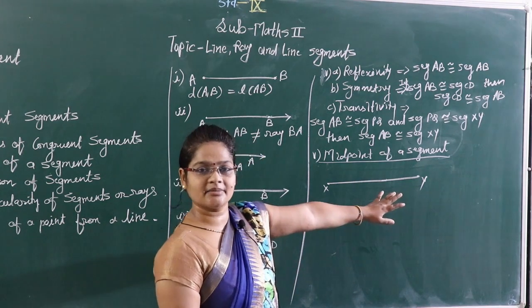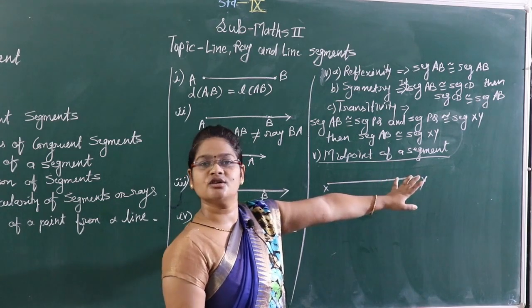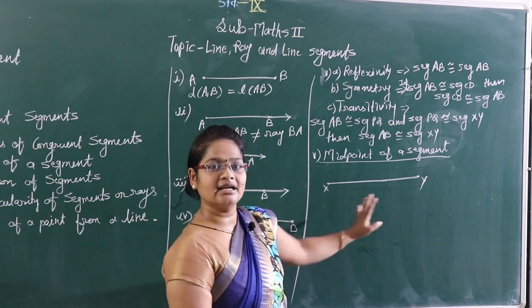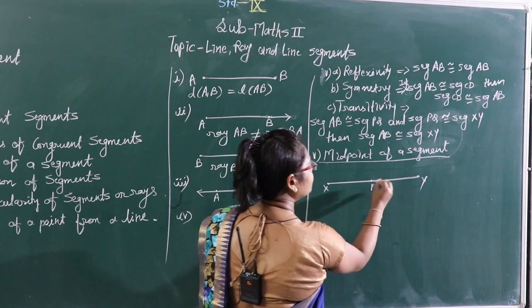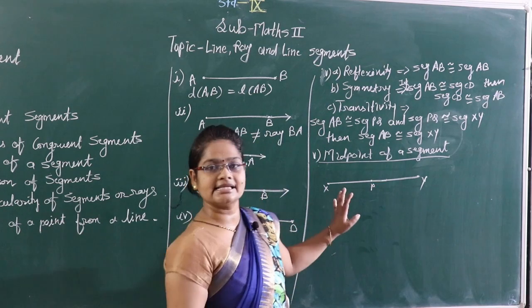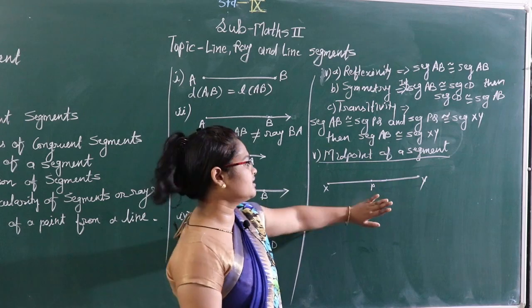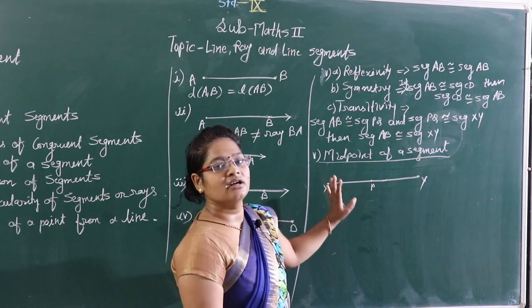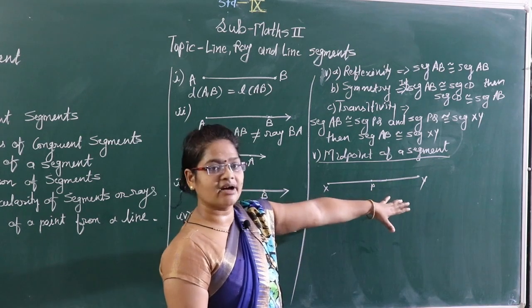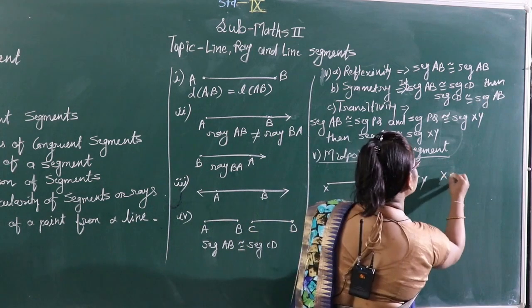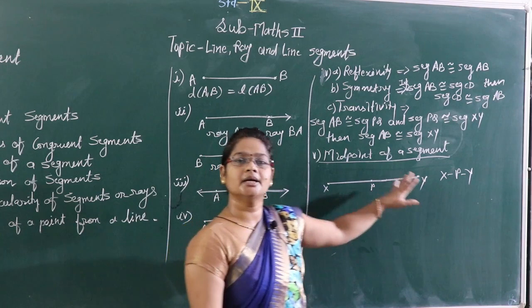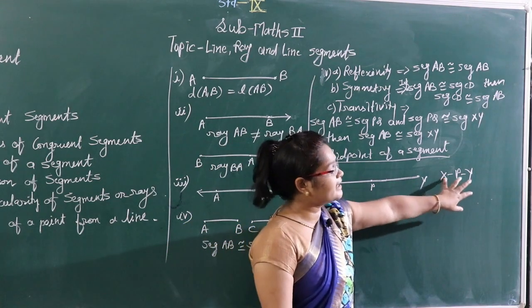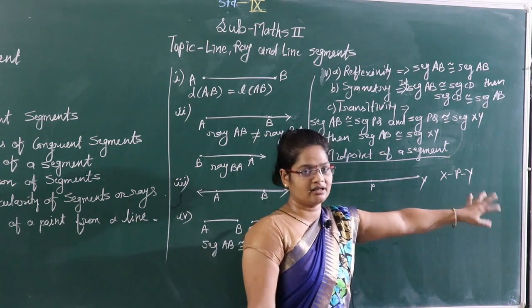We know a line segment has endpoints on both the sides. Let me take a point P on line segment XY, such that X-P-Y. It means that X, P and Y are collinear.